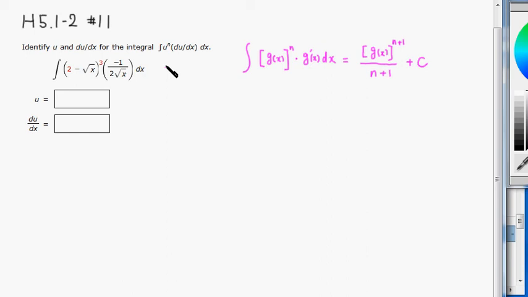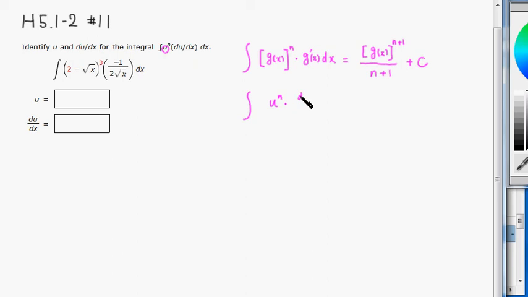And here, instead of using g of x, they're using u. So if you rewrite that, this is equivalent to u to the n multiplied by the derivative of u.